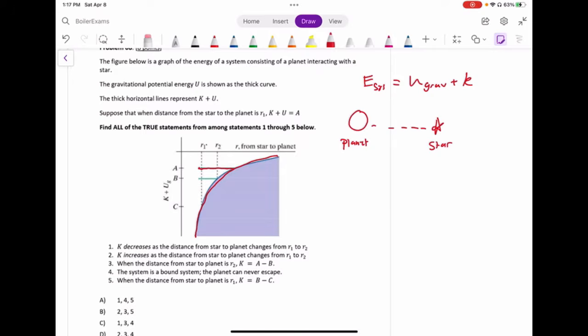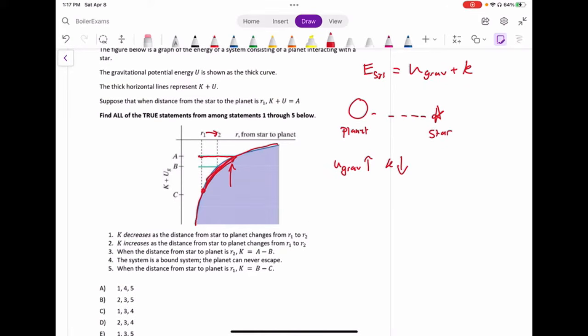So as we change from R1 to R2, potential energy is increasing, right? We're going up here. As we move from this point to this point, we have that much potential energy increase. So if our U grav is increasing, what has to happen to kinetic? It's got to go down, right? Because our energy of the system isn't changing.